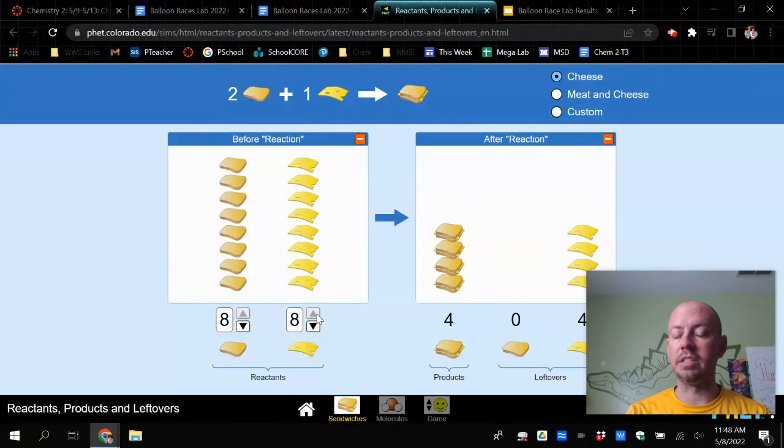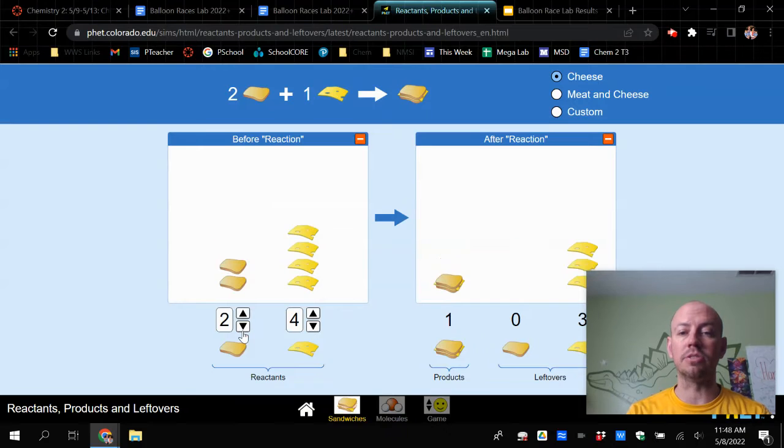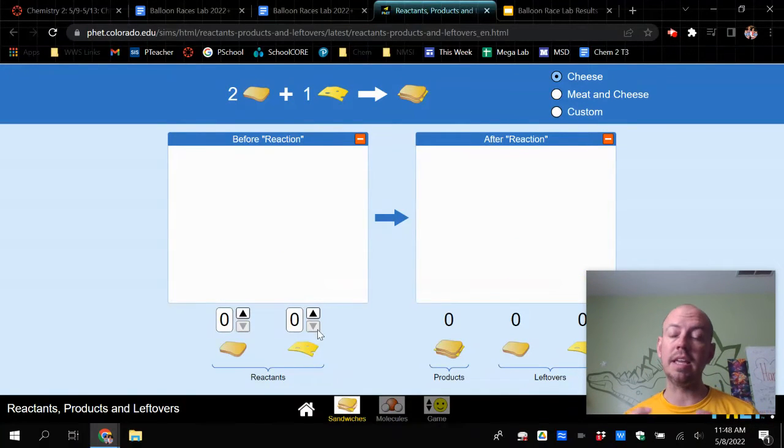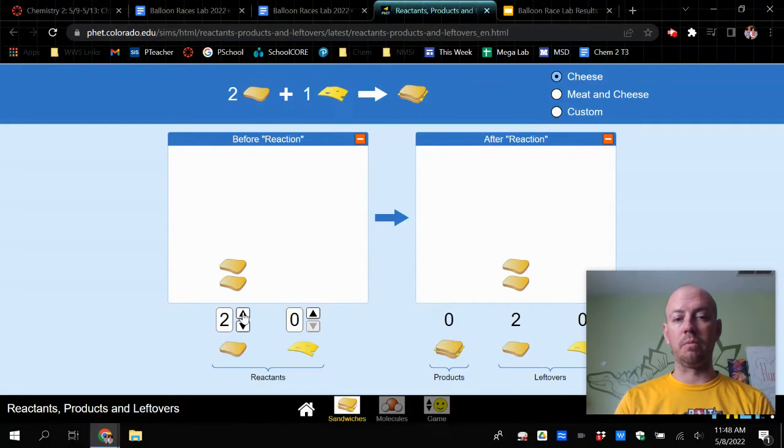The more cheese I put in, the more sandwiches I could make, but I have to have bread as well. So the idea here is we have to put in both of our ingredients in the right ratio, to be able to have a reaction go the way that we want.